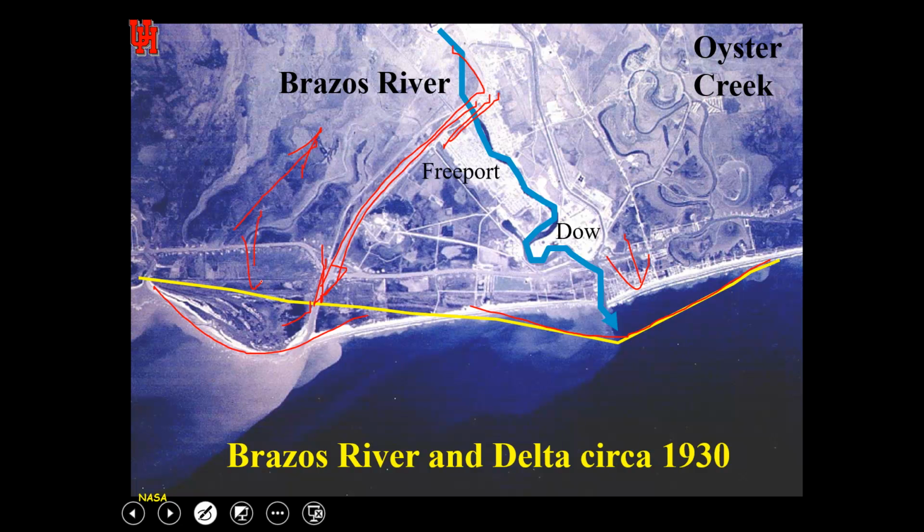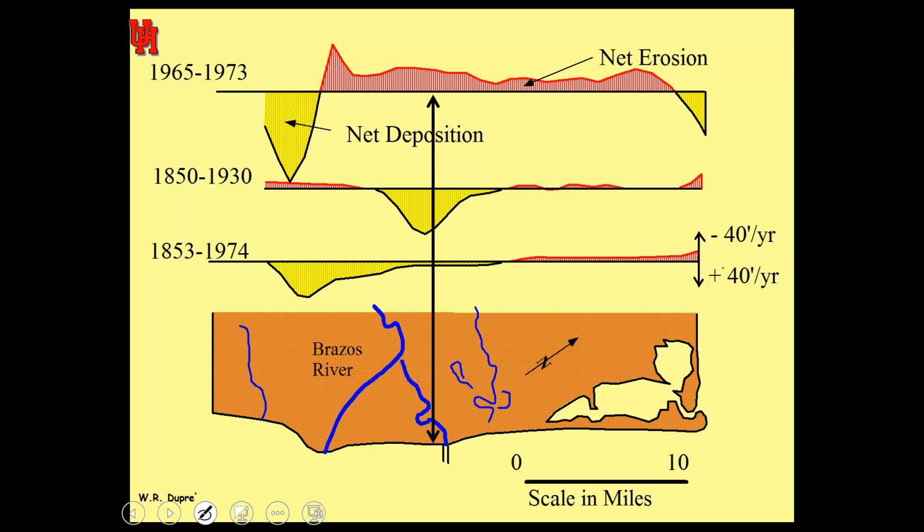So now the beaches to the south have a net surplus of sediment, a positive sediment budget, and the beaches to the north went from a positive to a negative balance. So we've got erosion, not deposition. And the problem is that if you look at the aggregate from 1853 to 74, it is positive.